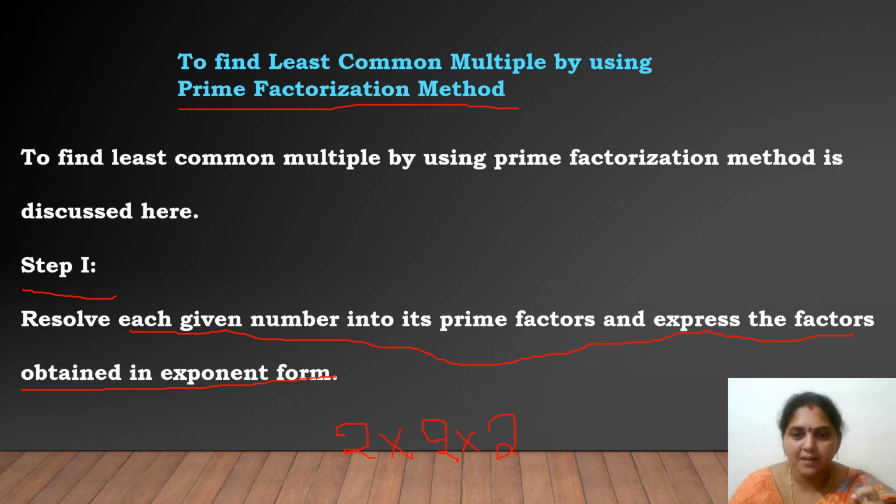So 3 2's are there here. You can write this 2 into 2 as 2 to the power 2. This is called the exponent form, where we are writing in the square form. So we are going to do the prime factorization method by expressing the factors in the exponent forms.